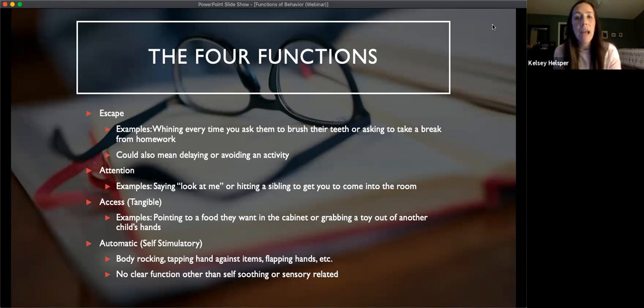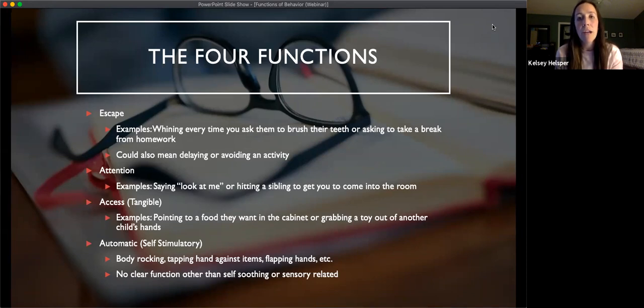And then the last one, which to me is the hardest to identify, and your children may be engaging in some of this behavior. So, really, I mostly see this as like body rocking, tapping hands against an item, flapping hands. That self-stimulatory behavior is a lot of the times automatically maintained.